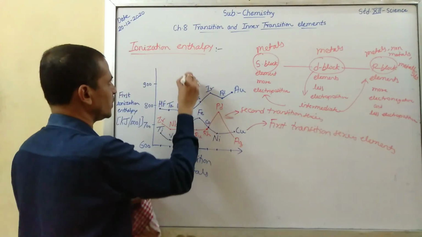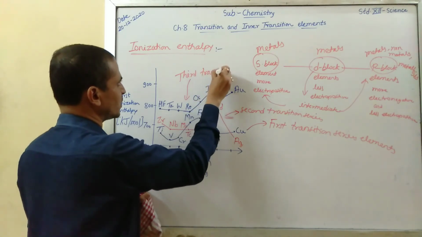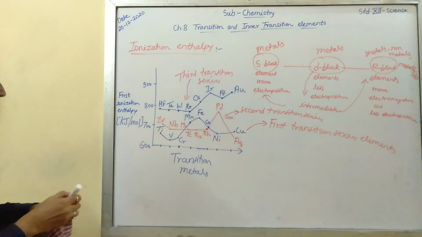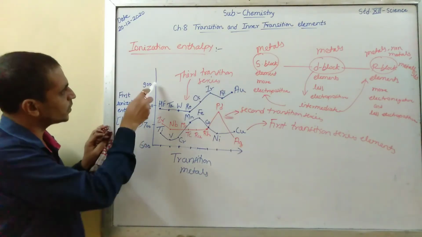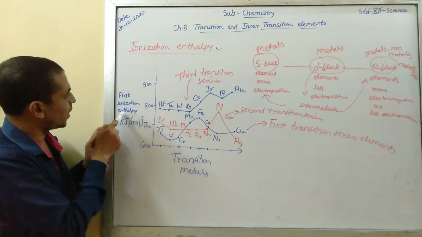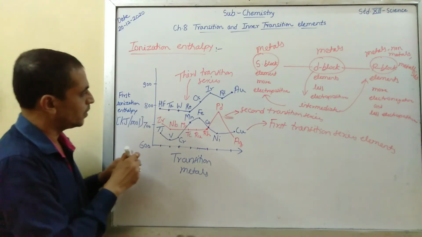And see this one, it is the third transition series. Observe this figure carefully. This is the graph showing the relation between transition metals and first ionization enthalpy in kilojoule per mole.